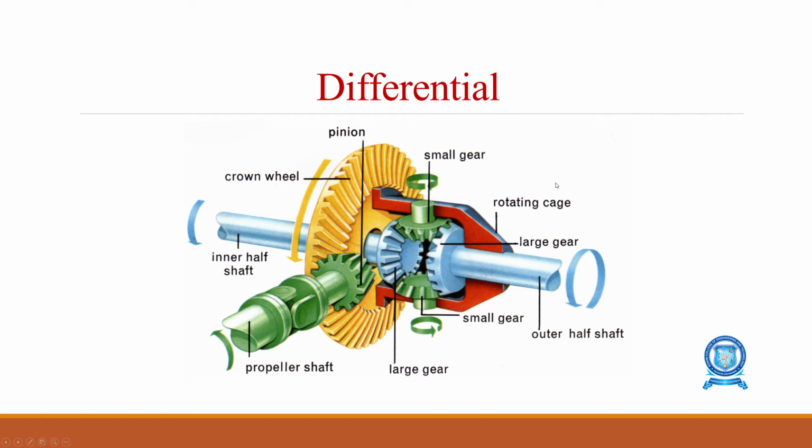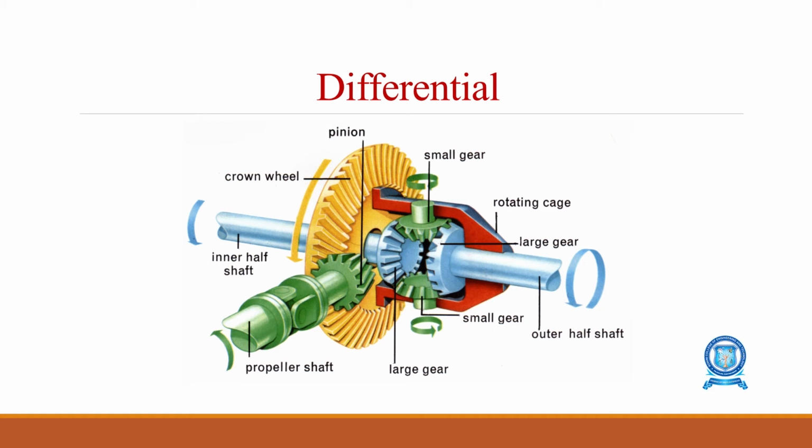The differential is a major invention in an automobile, because consider an automobile without a differential. When a vehicle is turning, you can see the inner radius of the turning will be small and the outer radius will be large.